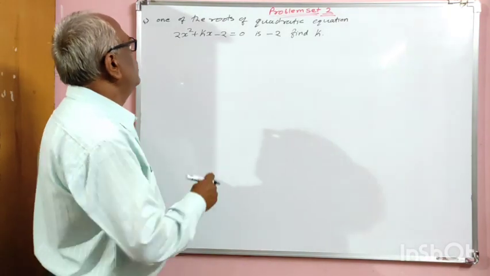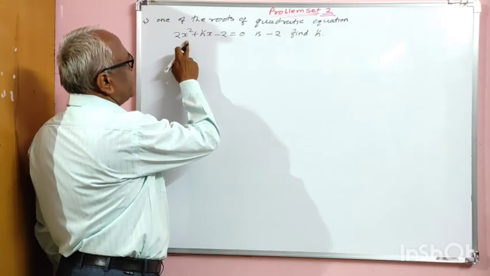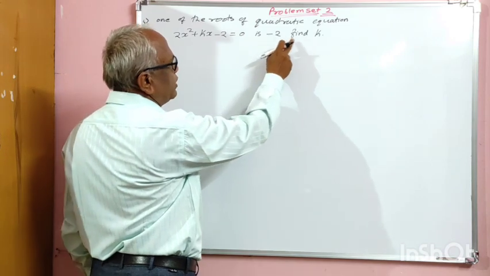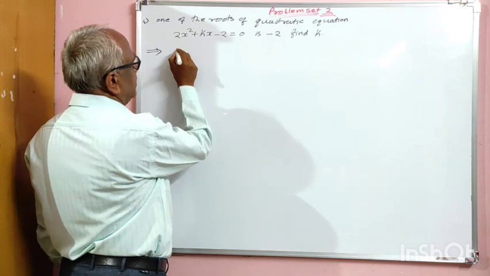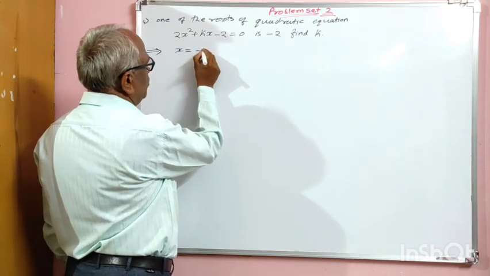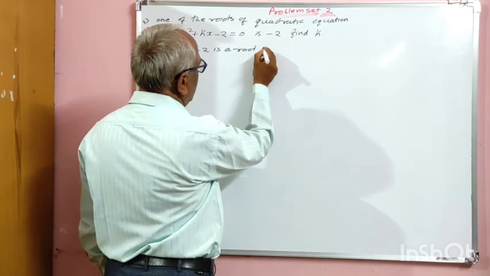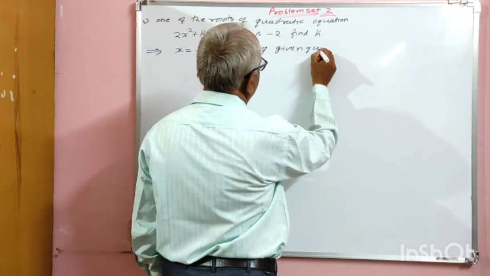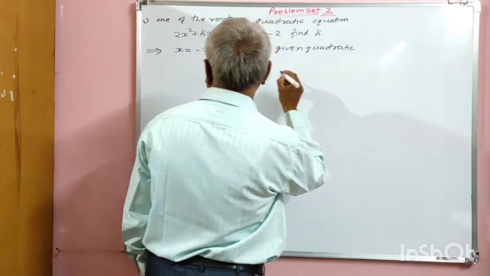Now the fourth one: if minus 2 is a root of the quadratic equation 2x square plus kx minus 2 is equal to 0, then find the value of k. x is equal to minus 2 is a root of the given quadratic equation.